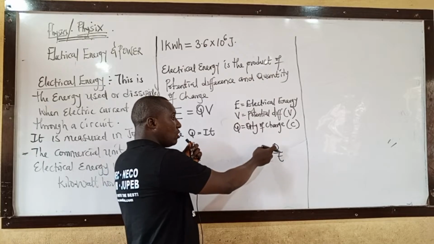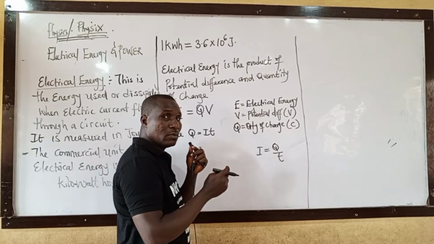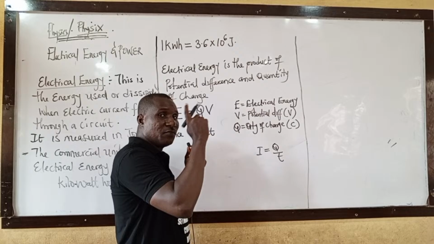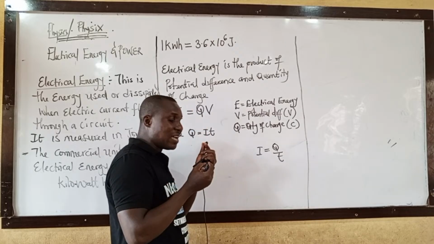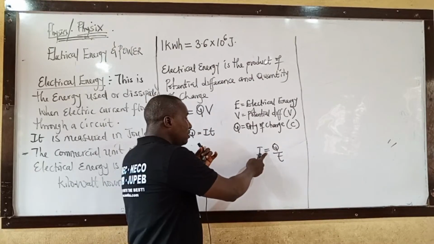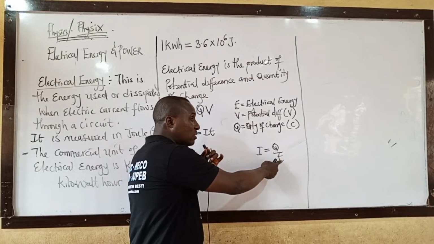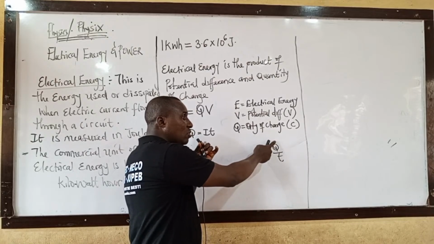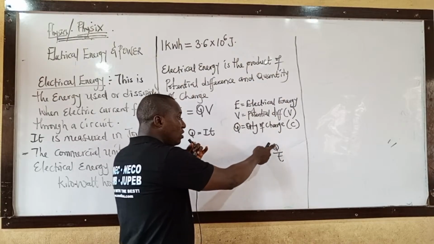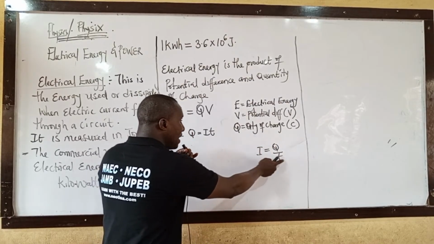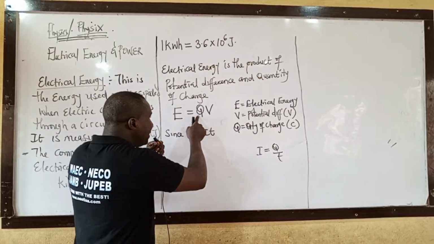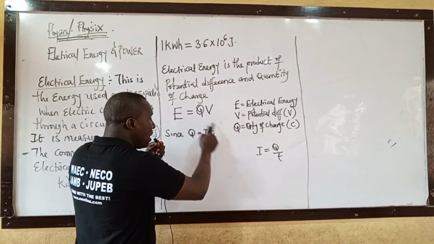Current is equal to quantity of charge over time. I've taught you that in the physical class. If I make quantity of charge the subject of the formula, we have quantity of charge equal to current times time. That means anywhere I see quantity of charge here, I will change it to what?